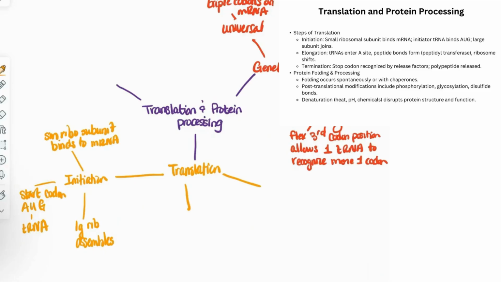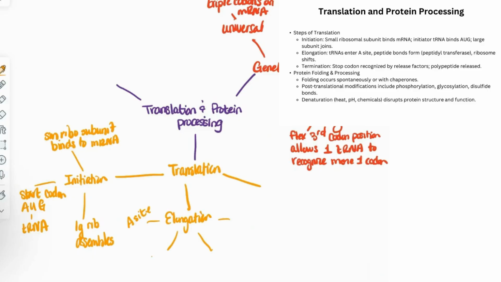Our next branch in translation is elongation, and we have four branches out of elongation. We have the A site, where the transfer RNA goes, and it already has the amino acid attached to it.